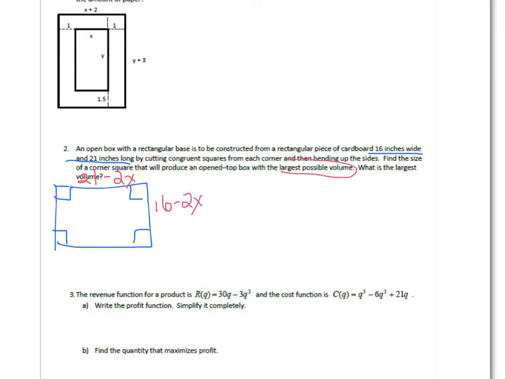We want the largest volume, so volume is length times width, and then the height of the box is going to be the x that we cut out from this corner. Multiply those together, take the first derivative, set it equal to 0, and solve.